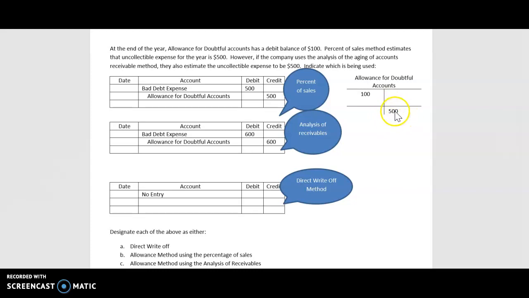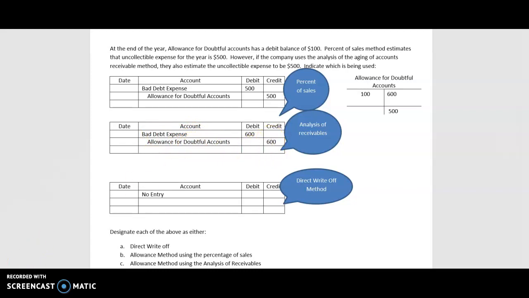So how can I get this number to 500? Since I already have a debit balance of 100, I would need a credit of 600, because a credit of 600 minus a debit of 100 would give me a credit balance of 500. So my journal entry must be for the 600 so I can get to the balance I want of 500. So the entry looks like this: debit bad debt expense, credit allowance for doubtful accounts for 600.